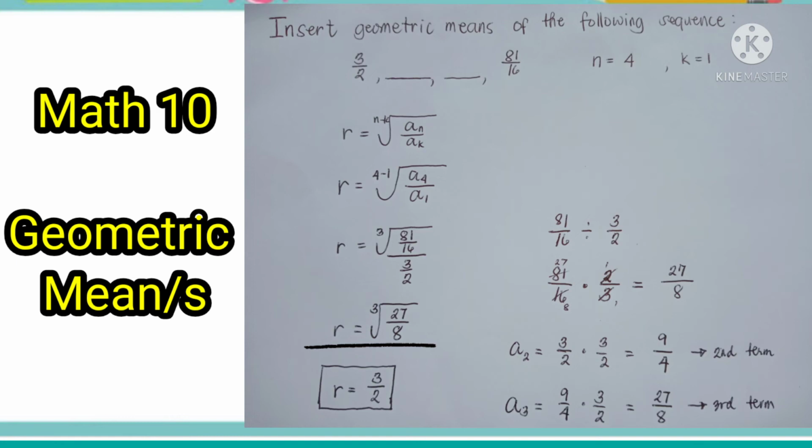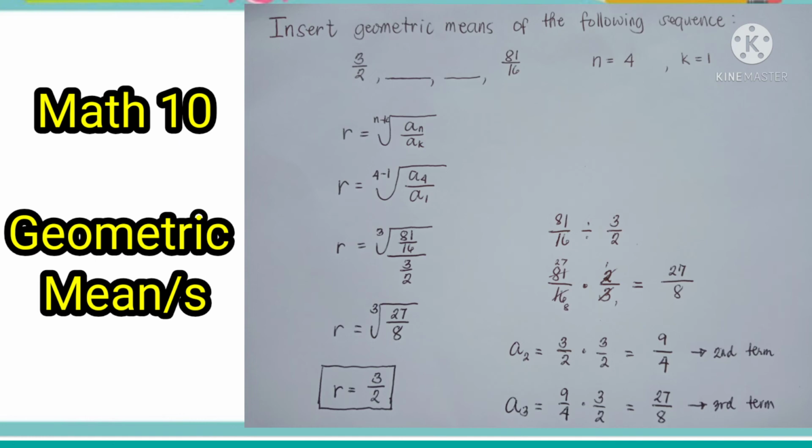How to get the cube root of the fraction? So, we will get the cube root of 27, that is 3. Why 3? Because when we multiply 3 by itself twice, the product is 27. 3 times 3 times 3 equals 27.